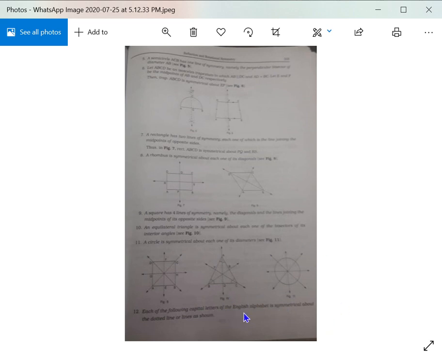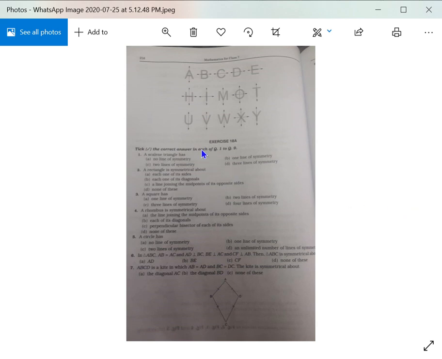Each of the following capital letters of the English alphabet is symmetrical about the dotted line or lines as shown. Let us see these lines. A is symmetrical about a vertical line. B, C, D, E have horizontal lines of symmetry. H has horizontal and vertical both. I has horizontal and vertical both.